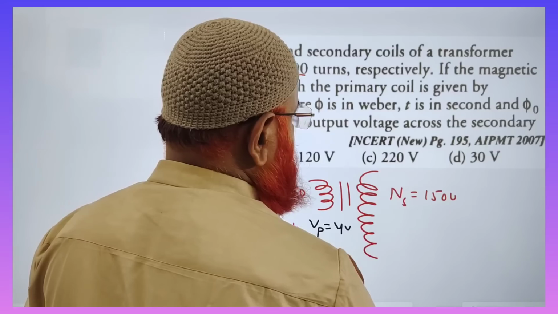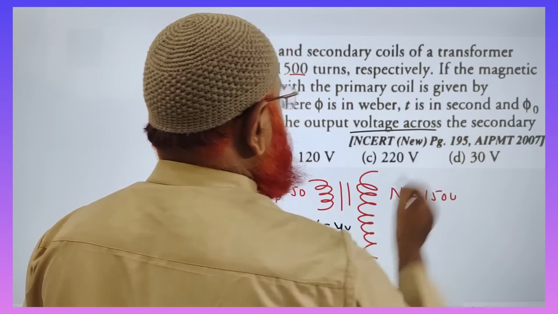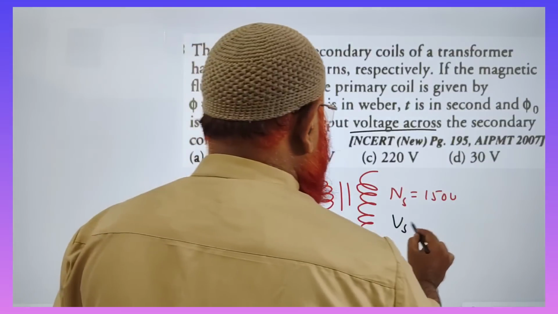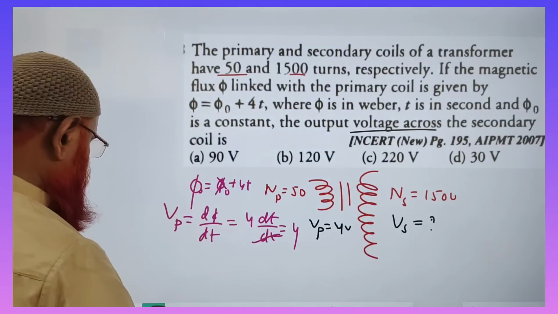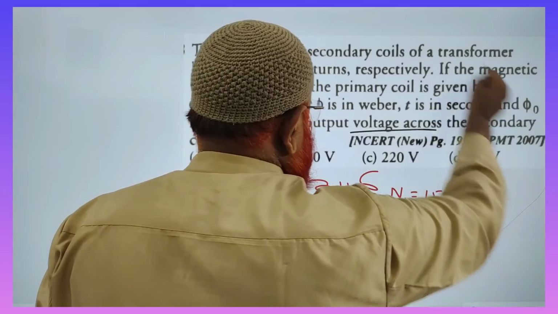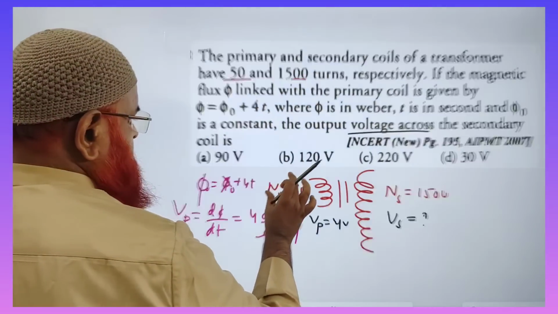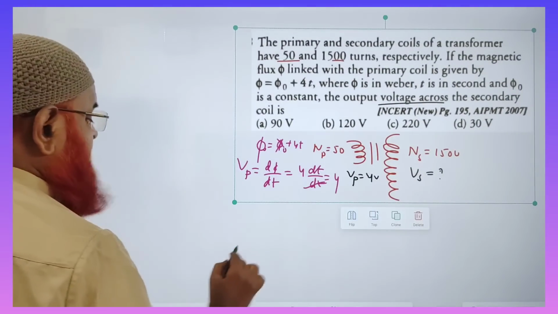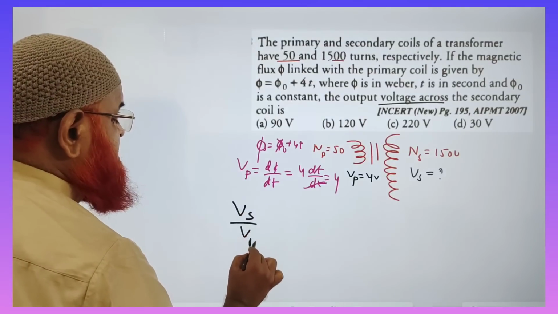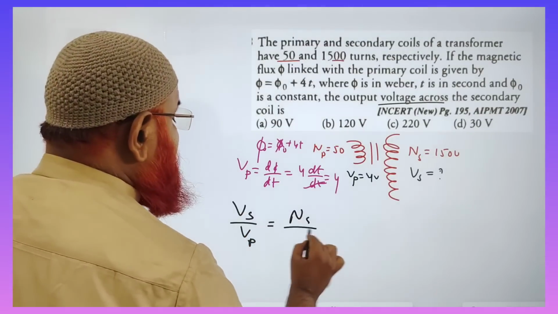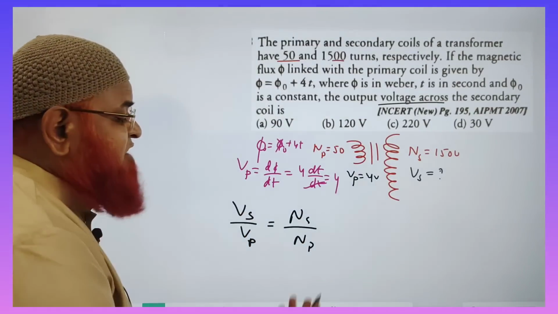The number of turns in the secondary is 1500. What else is being asked? The voltage across the secondary. I told you one thing: voltage at the secondary by voltage at the primary is equal to NS by NP. Did I tell you that d phi by dt gets cancelled?